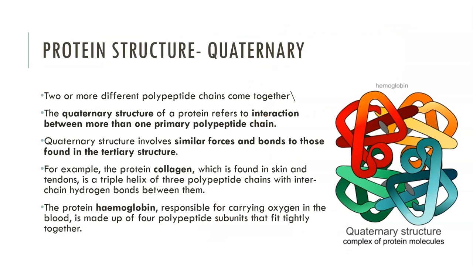Everything we've spoken about so far has been the folding and twisting of a single chain. So the primary structure with our sequence of amino acids, the folding of this into beta pleated sheets and regions of alpha helices, then the overall three-dimensional arrangement of these are all one polypeptide chain.